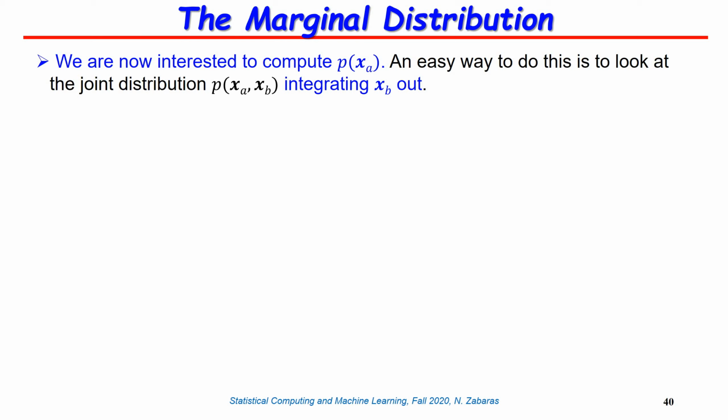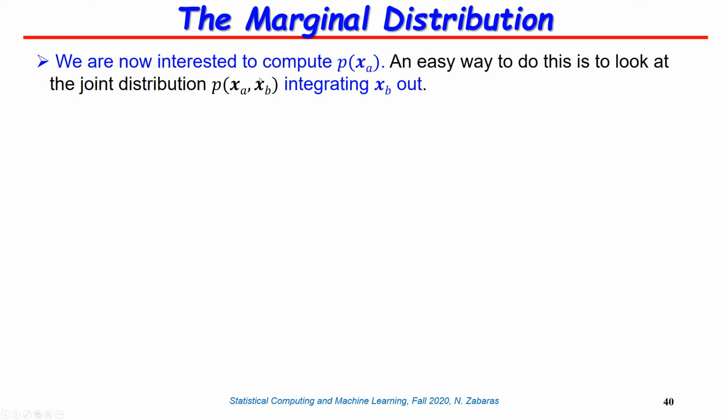Let me tell you what the philosophy is so we can avoid the algebra. You have to look at all the terms that involve XB and try to complete the square in XB, so that you have an integral that is equivalent to marginalizing a Gaussian in XB. And you know how to marginalize a Gaussian.